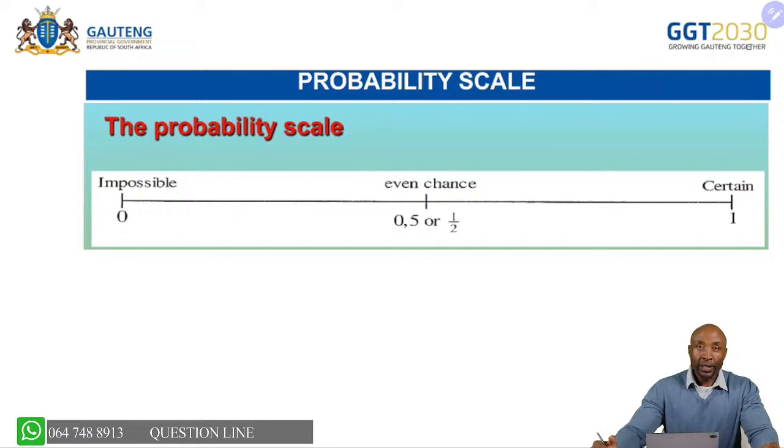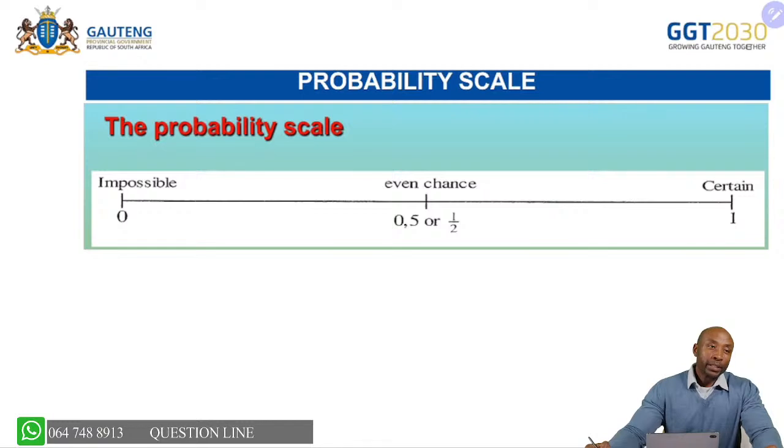Now, moving right ahead, we have our probability scale. Probability can be measured between 0 and 1, where if there's a probability of 0, our chance is 0, meaning it is impossible for that event to occur.